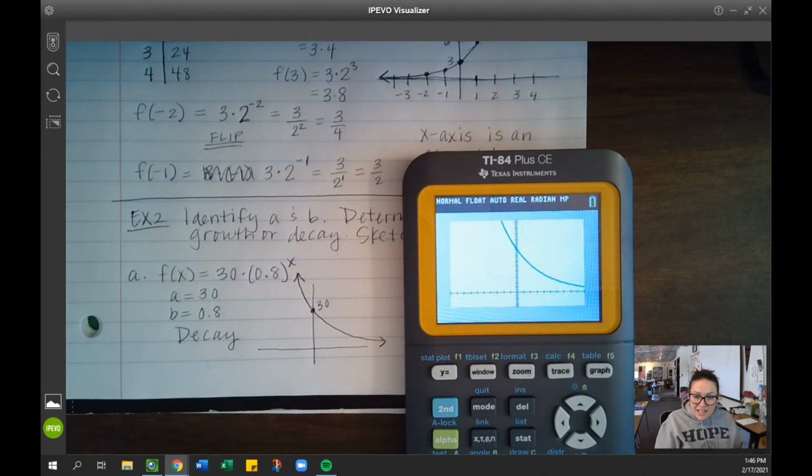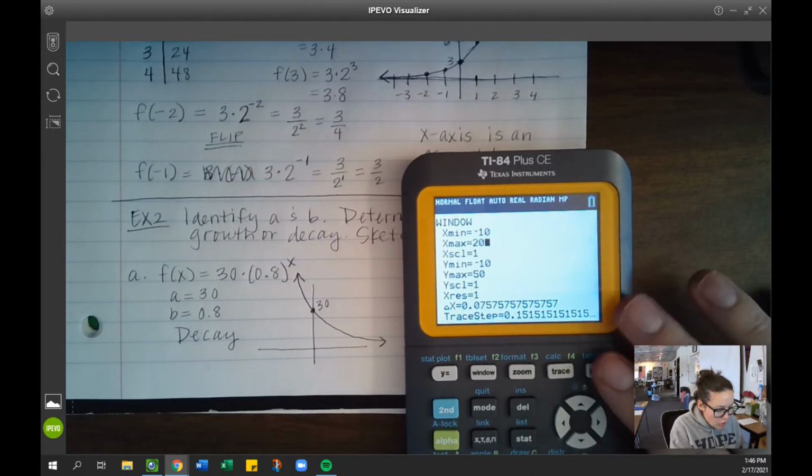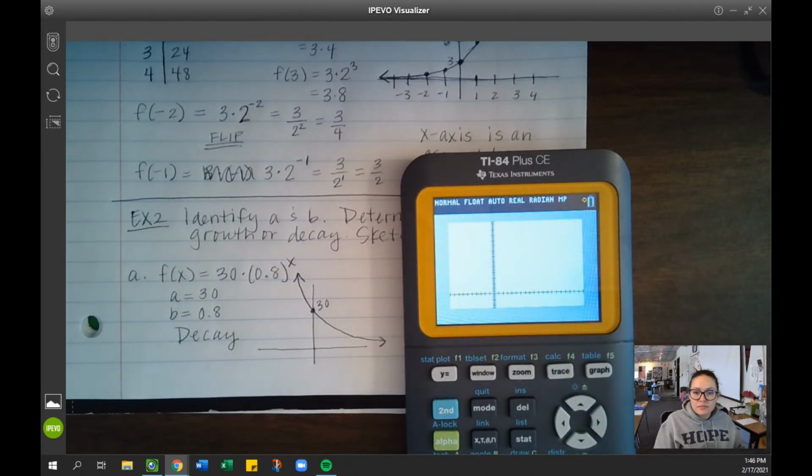All right, so you can see the graph on the calculator looks pretty similar to the one that we just sketched. And if I were to continue this out, like if I made my x max to be 20, you would see that the function is going to get closer and closer and closer to the x-axis, and it's going to look like it's touching it, but it's actually not touching it.